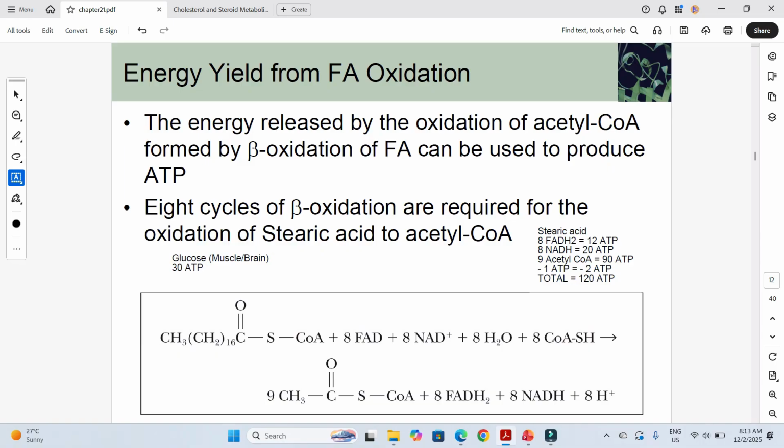Okay, so it is crucial that you're able to calculate ATP yields from fatty acids and from other molecules, because it informs us of the amount of energy that can, in principle, be obtained from fuels and food sources, etc.